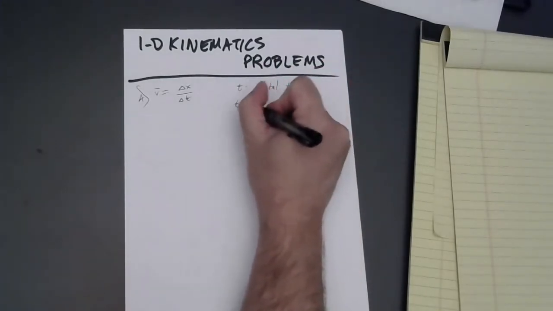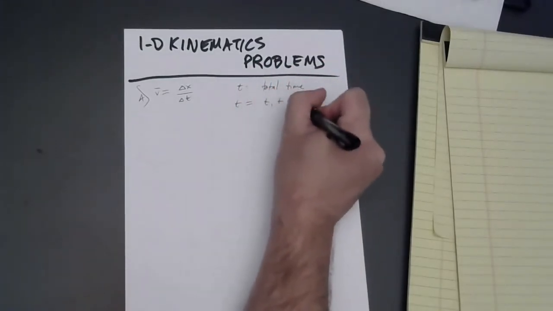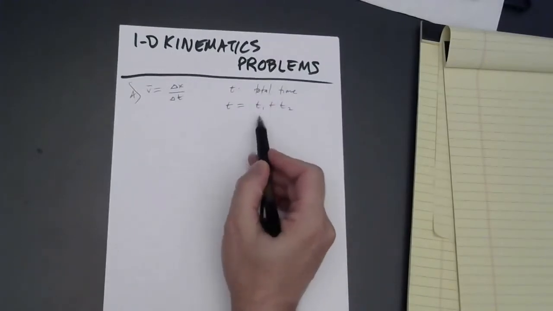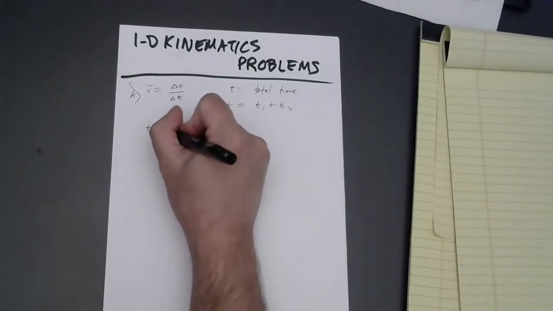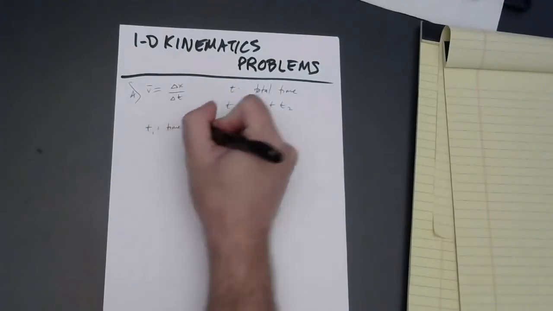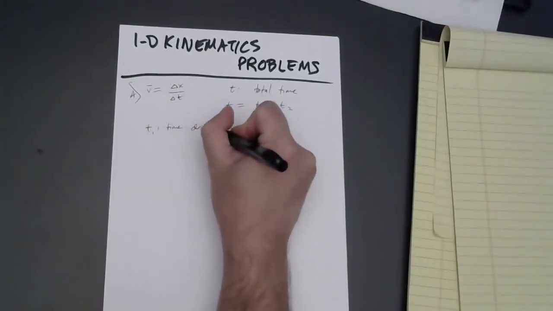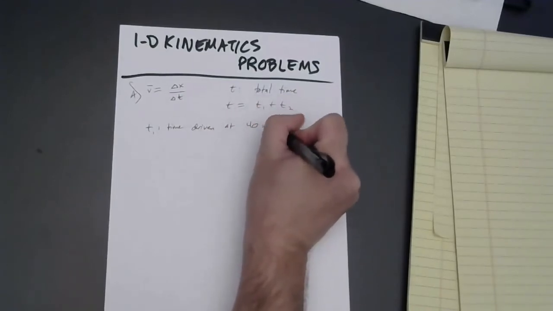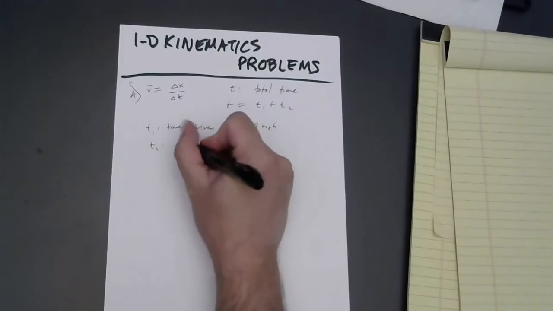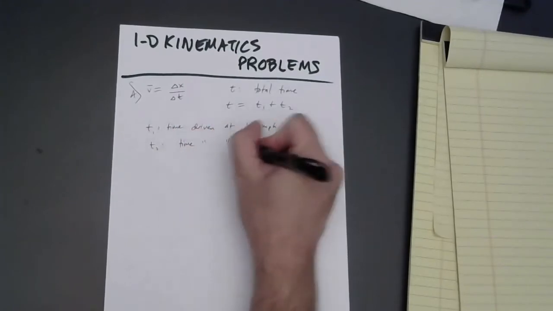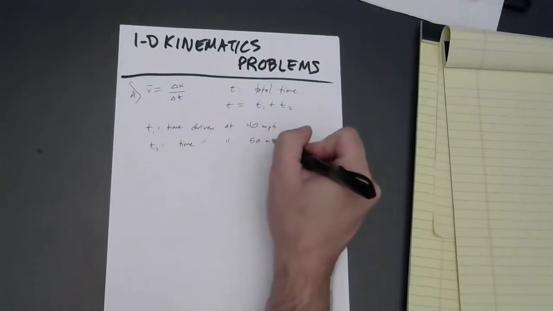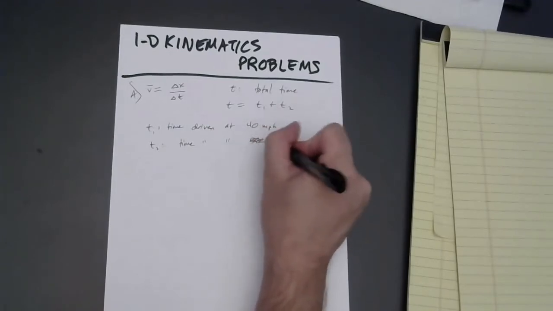And we'll say T is equal to T1 plus T2. I'm going to use the label T1 as the amount of time driven at 40 miles per hour. And T2 will be the total time driven at, what was it, 50 miles per hour? No, it was 60, pardon me.